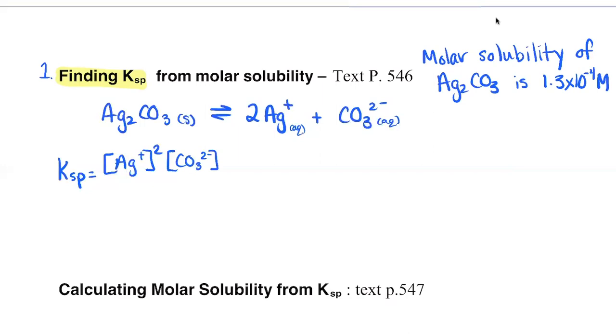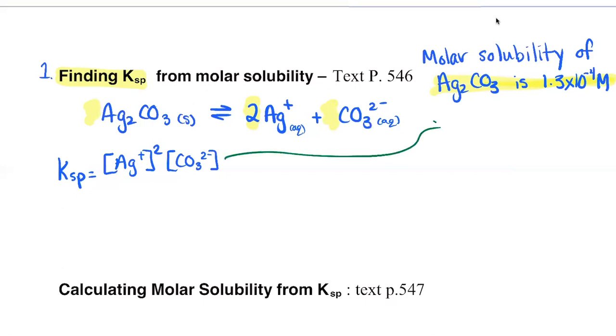Now, to figure out what these concentrations are, we're going to be using that molar solubility, okay, that tells us how much of it can actually dissolve in water. But we need to take into account the fact that there's a mole ratio of 1 to 2 to 1 there. So when we are trying to figure this out, I'll use a different color here.